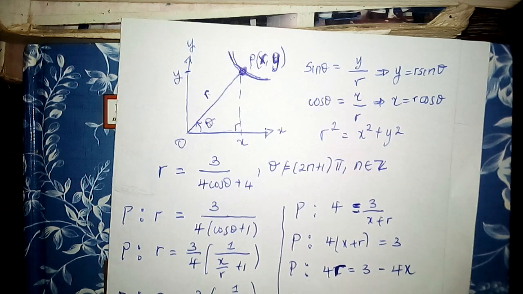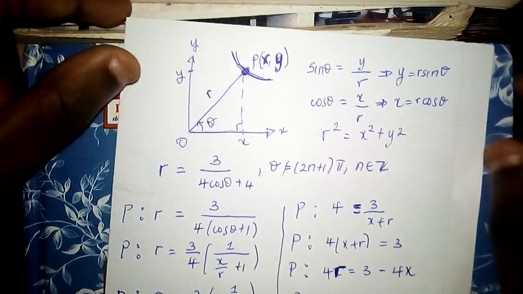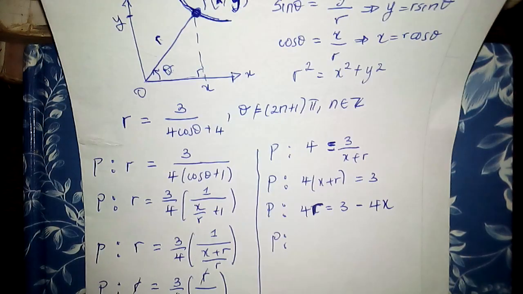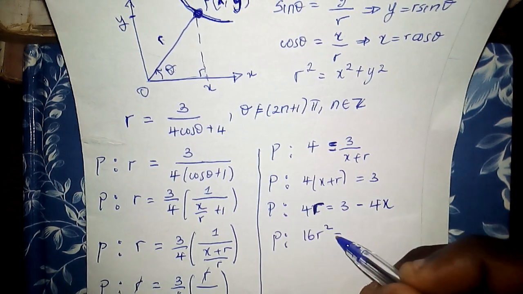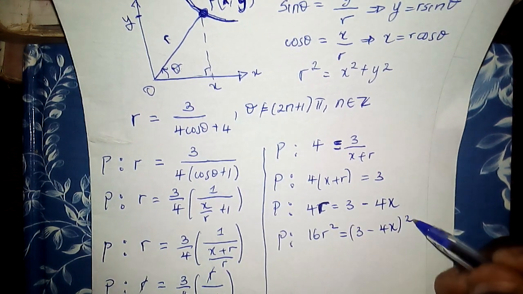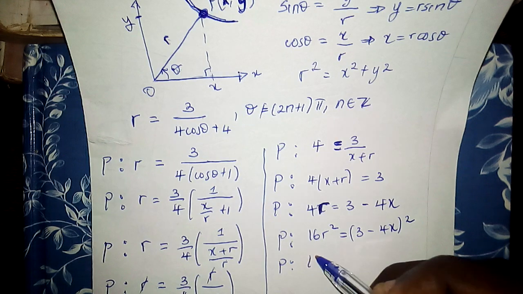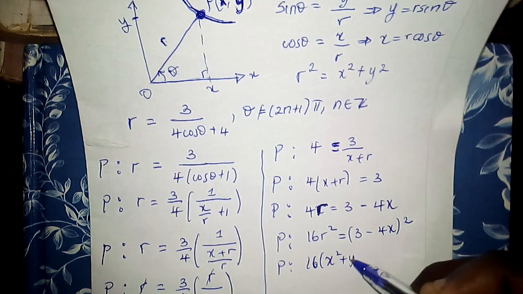Okay, so with that said, I can square both sides in this case because I don't need r in my equation, because I need to convert everything to be in x and y. So if I square both sides, I will get 16r squared to be equal to 3 minus 4x, all that squared. So my parabola P: 16, where r squared is x squared plus y squared.